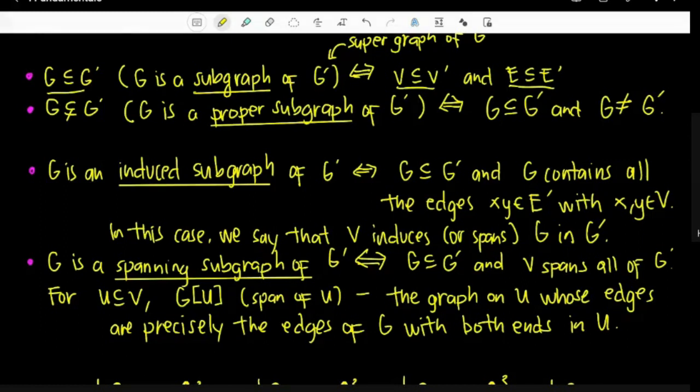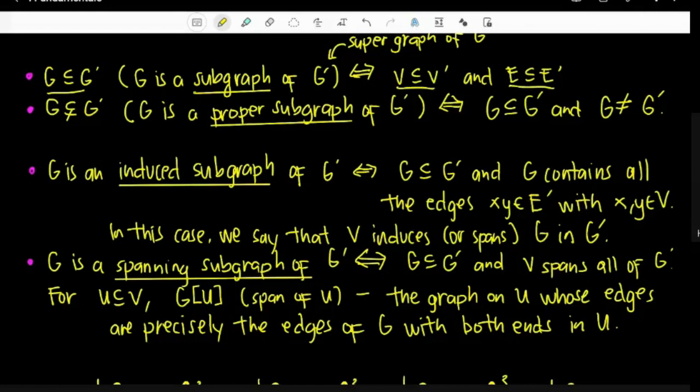Alright, now G is an induced subgraph of G prime if G is a subgraph, pero an induced subgraph means G contains all the edges xy of E prime with xy being vertices of G. Okay, pero parang medyo nakakahilo yung definition, no? Sige, mamaya sa example, babalikan natin yan. Pero, ganito lang yon.